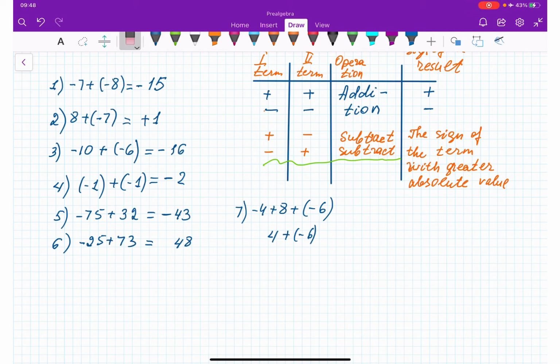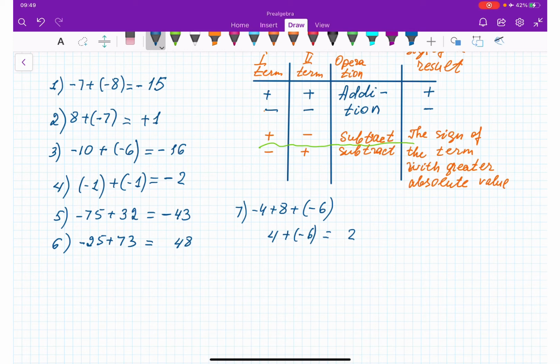Now here we have positive and negative. Here it is. So positive and negative, we do subtraction, right? It's equal to, and the signature of the sign, gee, I keep saying signature, because it's a beginning, first letters of signature, sign, the root of signature is a sign.